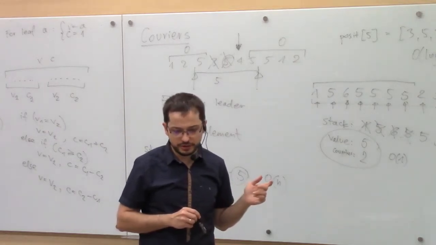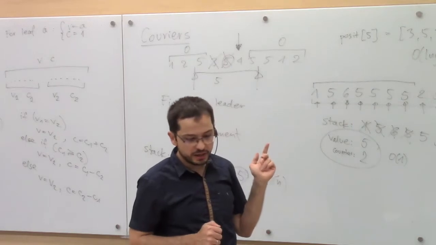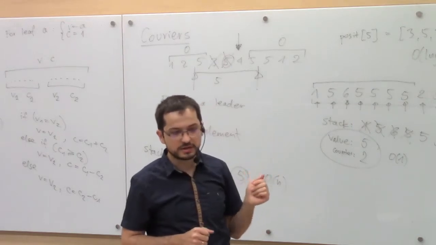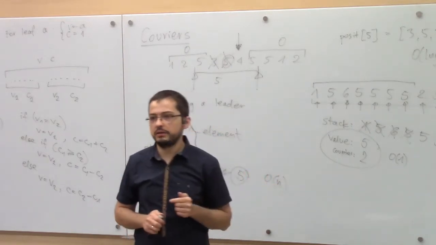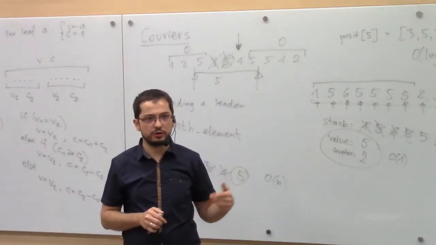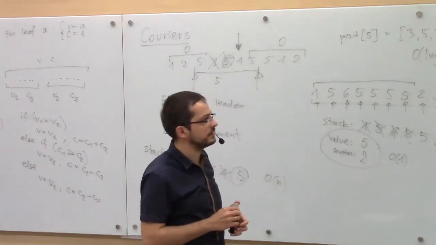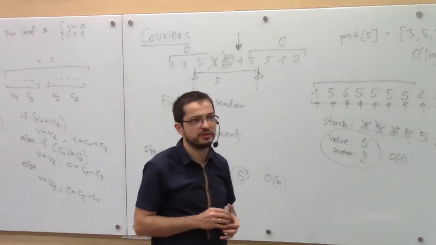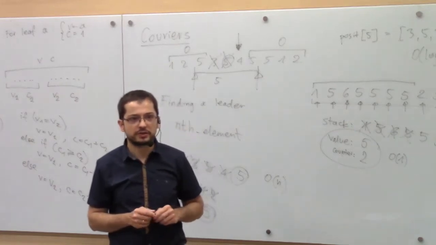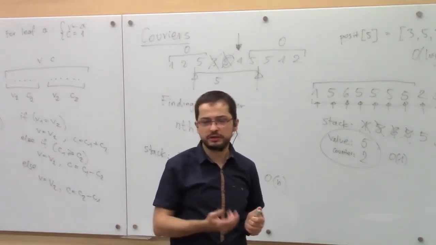For day 3, we already talked about couriers, and there's this task about meteors. And there's a nice blog post on Codeforces for dealing with this task. It is a nice application of binary search, which is parallel binary search. And I think this blog post is enough for you to get the right idea.